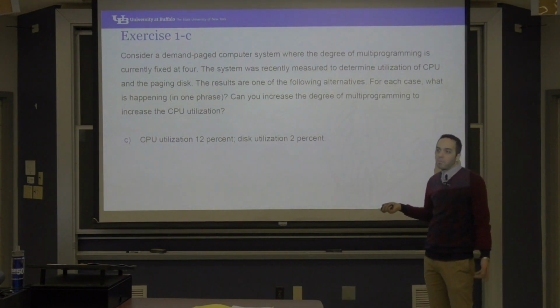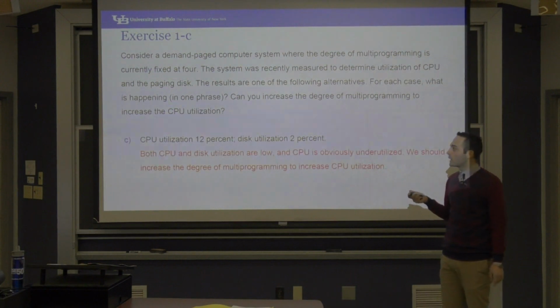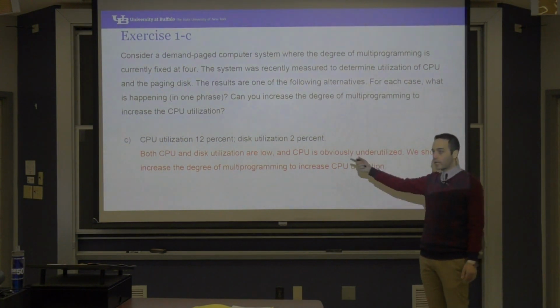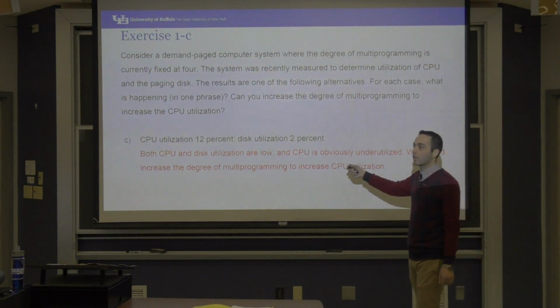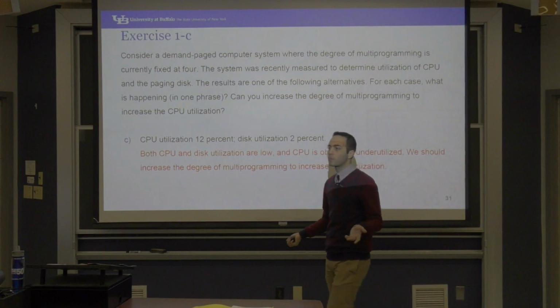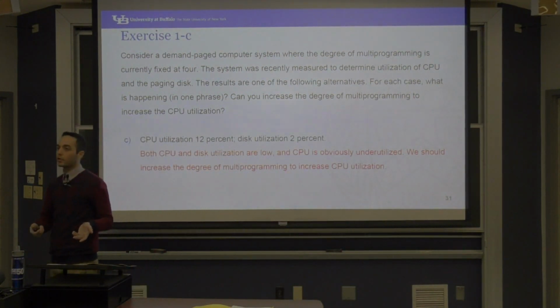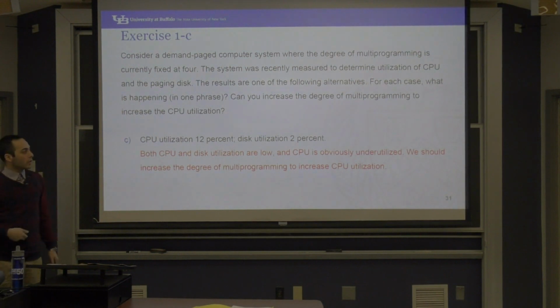Sure, why not? The CPU is underutilized and the disk utilization is not high. That means that the CPU is not underutilized because of paging, swapping in and out to the disk. So it's either we don't have many processes or they're waiting for other IOs, and we can add other processes. So that's the idea.